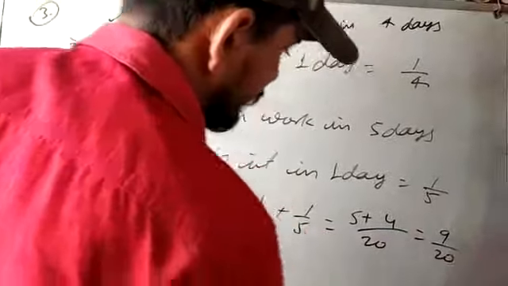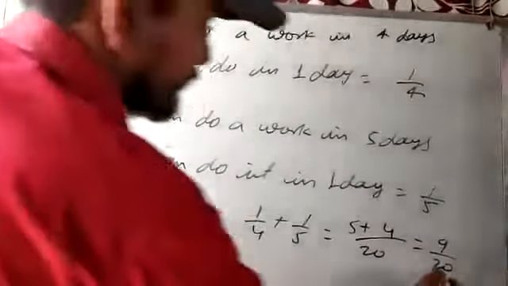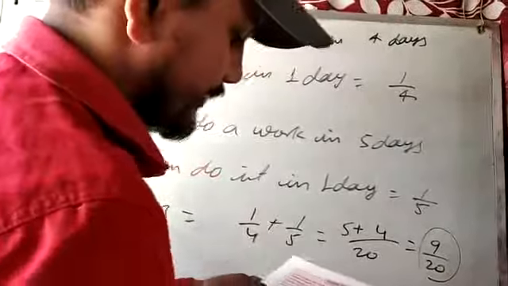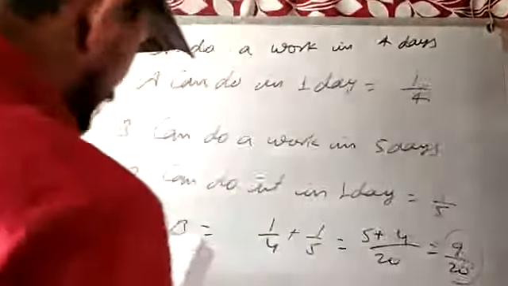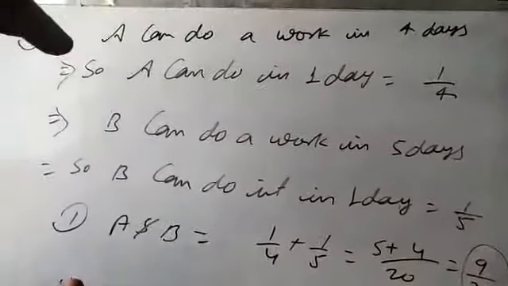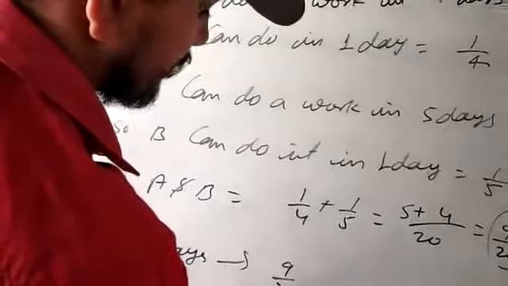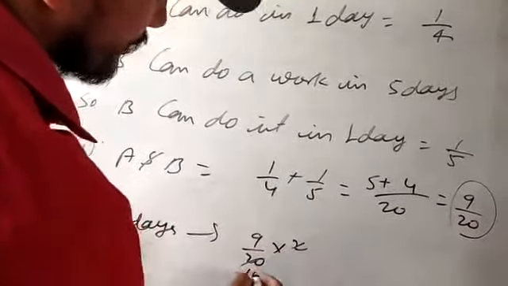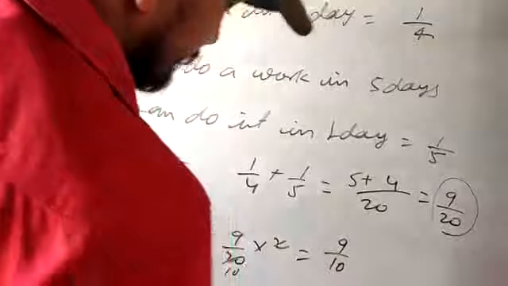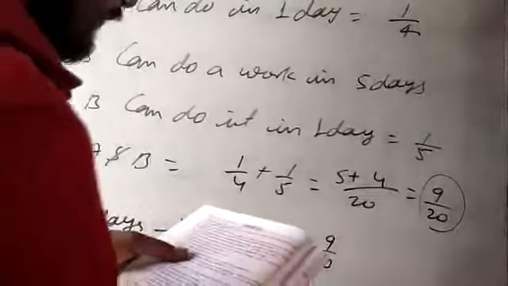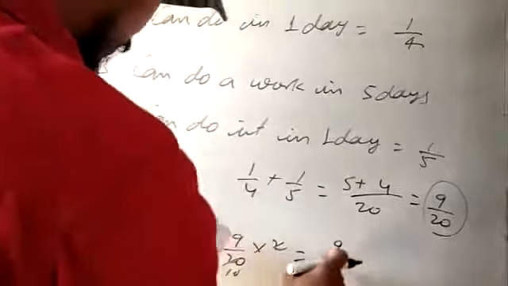So A and B will complete 9 by 20. In 1 day they will complete 9 by 20. Second question, 2 days. So simply 9 by 20 multiplied by 2 gives 9 by 10. That much work will be completed.